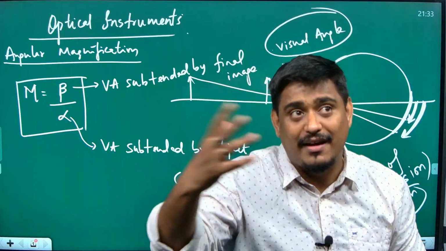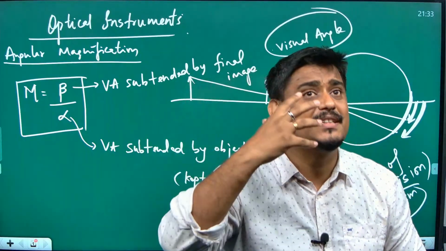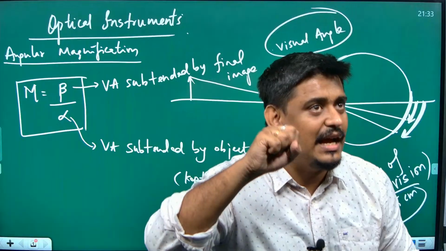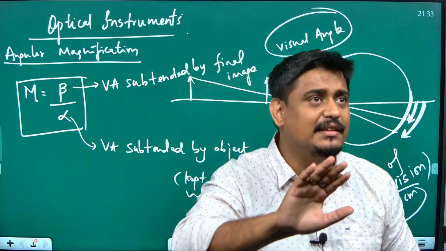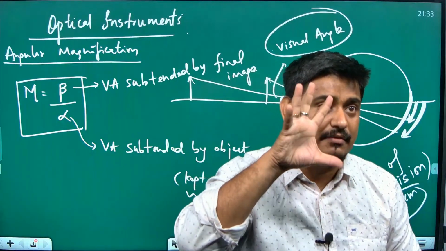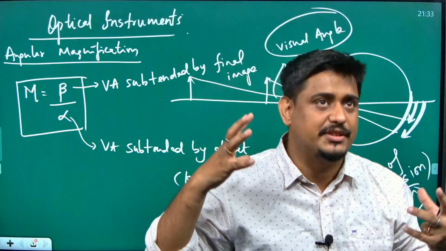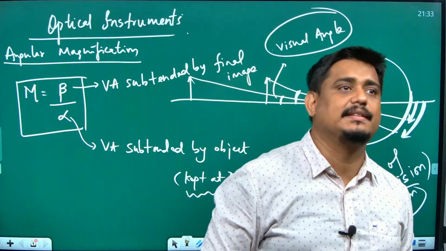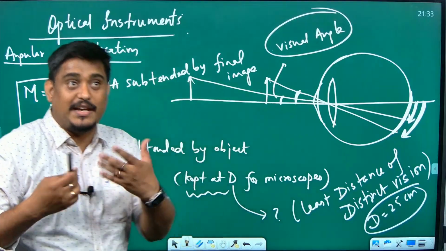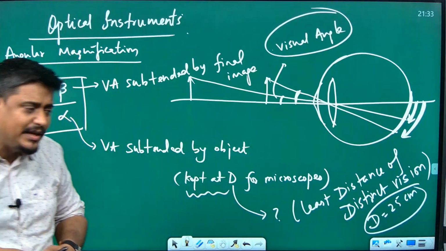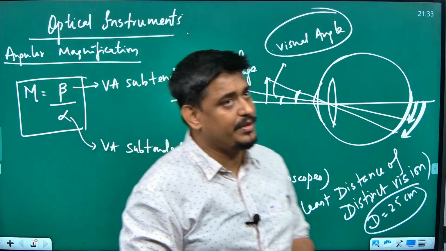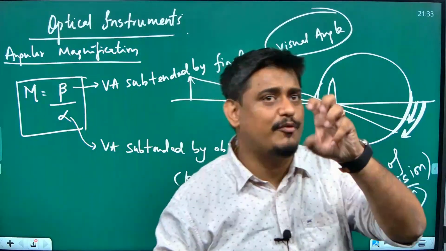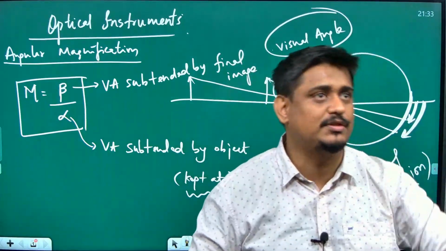Because if you see far, your ciliary muscle gets relaxed. And when you are continuously seeing something very near, your ciliary muscles are in a tightened, strained condition. So, it affects your eye health. And if you are not changing it, your ciliary muscles will become weak, you may get myopia or hypermetropia, because the capability of the eye to focus will reduce.